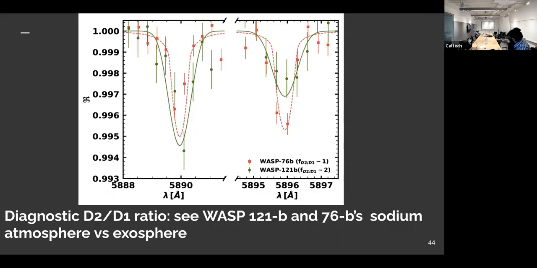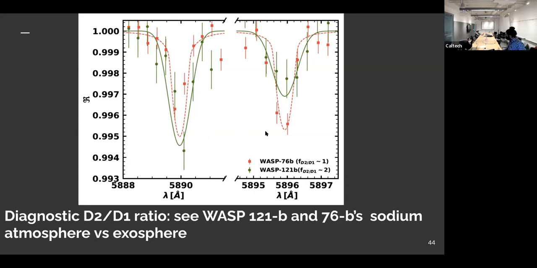So these are two other famous exoplanets, WASP-121 and WASP-76. And so here it shows another diagnostic. So not exomoon exoplanet exactly, but it's to differentiate between an optically thin medium and an optically thick medium. So it turns out the oscillator strengths of potassium and sodium, these D lines, if it's about 1, as is WASP-76, it's an optically thick medium.